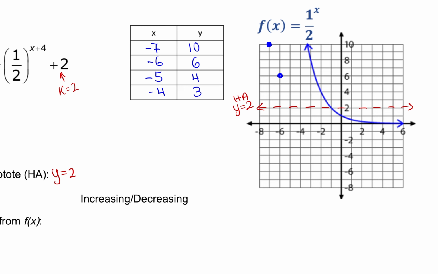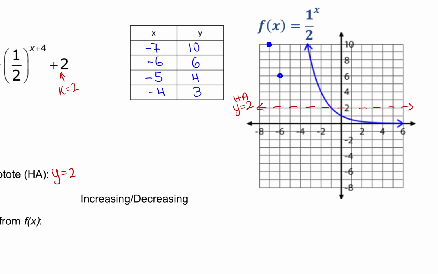I have another point of accuracy at -5, 4. So this is -5, 4. Then I have another point of accuracy at -4, 3, which is right here. And based on the graph that I see on my calculator, I should have something that looks like this. Again, do not intercept that red graph right there. Try to get as close as you can as possible, but again, do not intersect it.